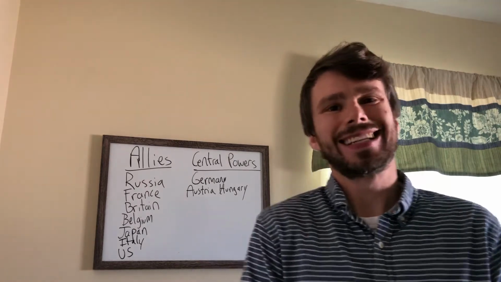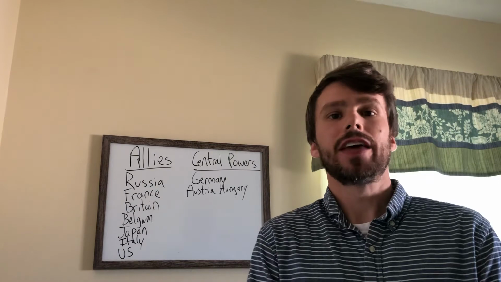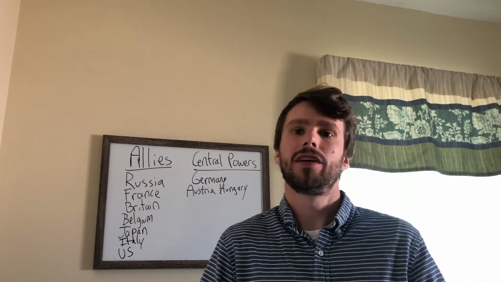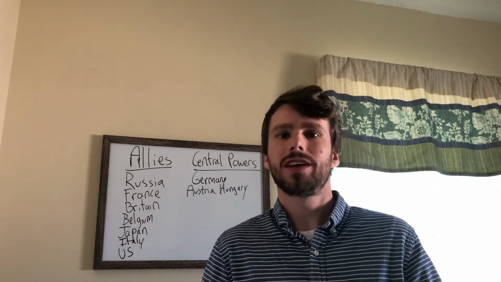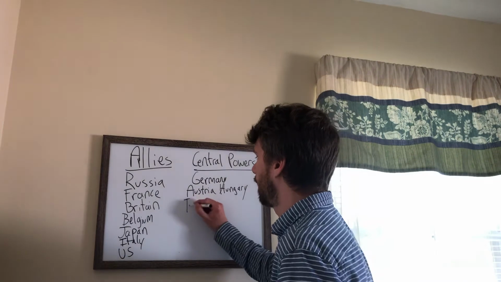They were fighting against the allied countries of Britain, France, and Russia. The entry of the Turkish Ottoman Empire into the war as an ally of Germany in the fall of 1914 spread the conflict to the Middle East. So we can put Turkish or Ottoman Empire.